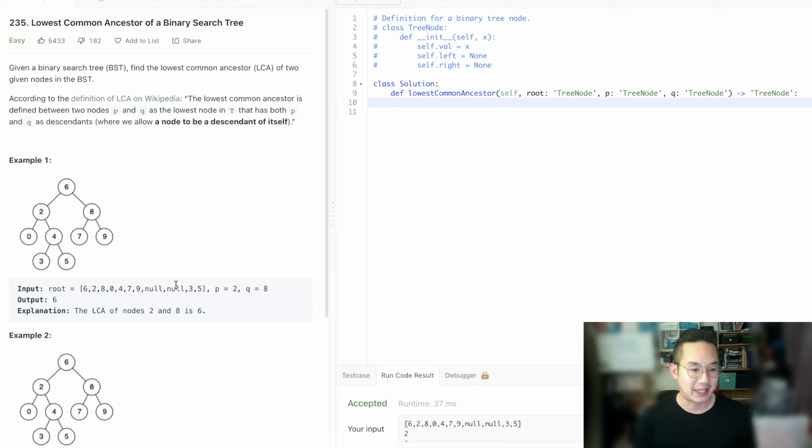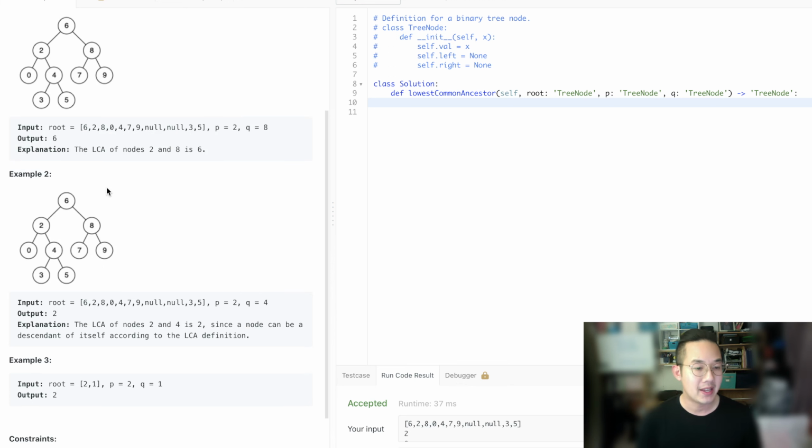What I mean by that is, if you look at 6 here, we see that P and Q is split between the 6. So 6 must be the lowest common ancestor. The reason being, it cannot be on the right side, nor can it be on the left side. It has to be the splitting point between the two.